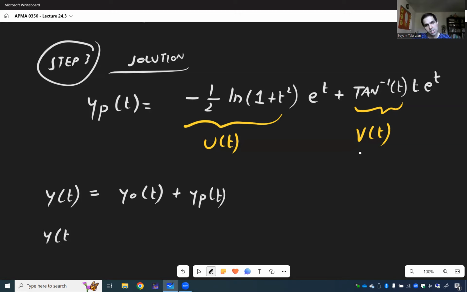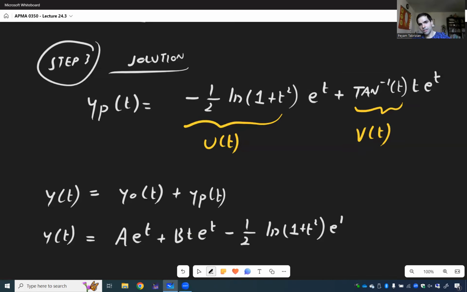And so y of t becomes a e to the t plus b t e to the t minus 1/2 ln of 1 plus t squared e to the t plus arctangent of t times t e to the t. And once again, good luck guessing that with undetermined coefficients. This is what makes var of par such an amazing technique.